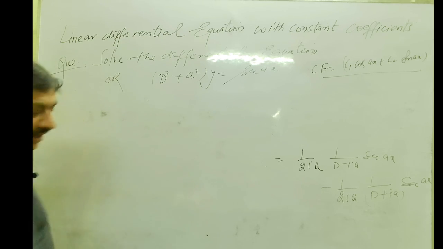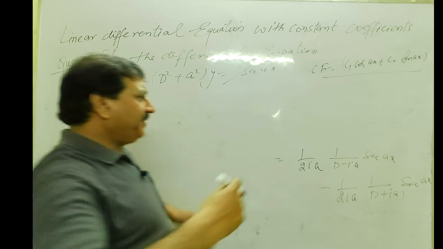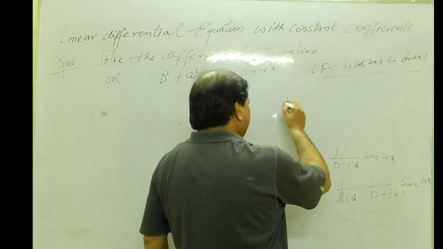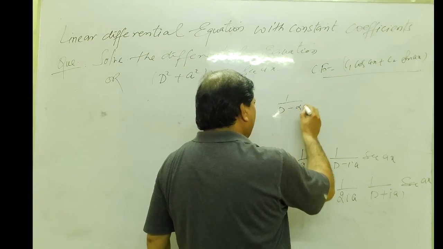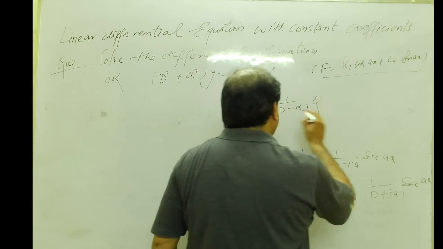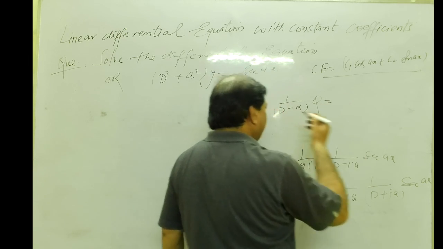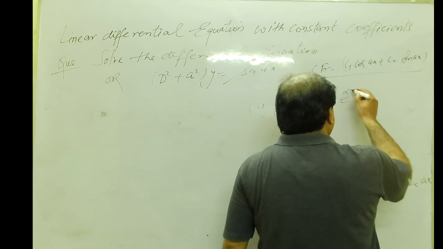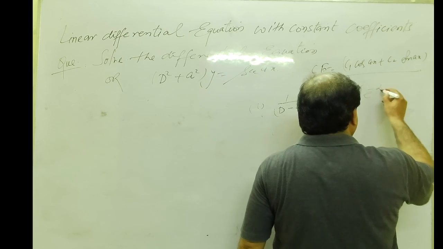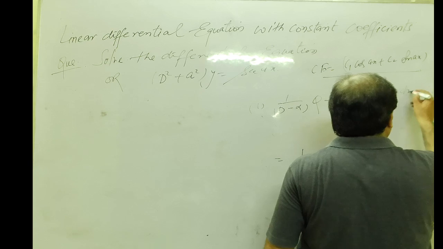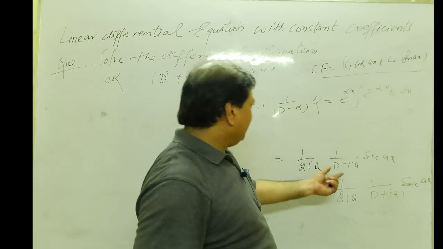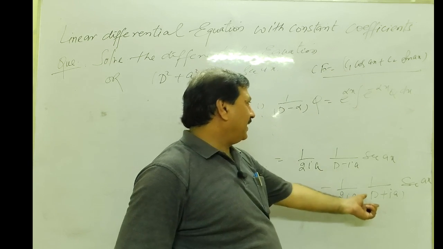Here, this is a very important problem, and the theory again, repeat. Suppose the particular integral 1 upon D minus alpha into Q. This is the final answer. The first case: that means e power alpha x integral e power minus alpha x into Q dx. Apply this formula.